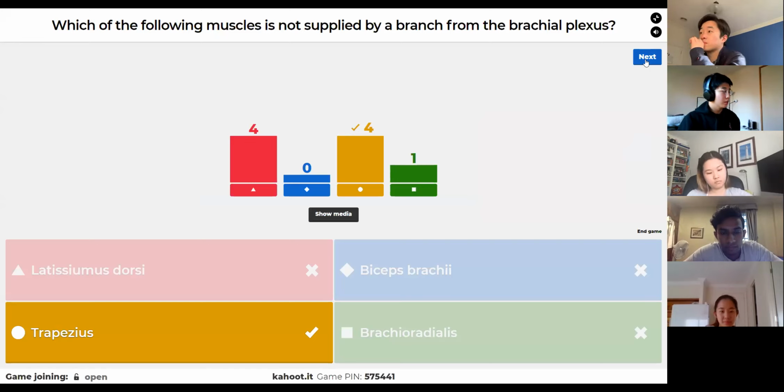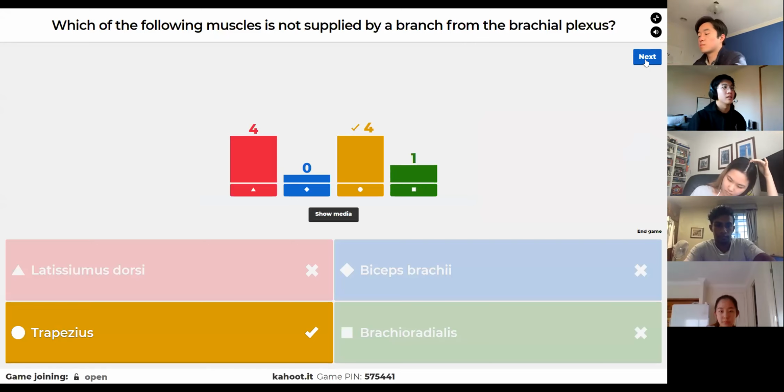With this one, we have either the lat dorsi or the trapezius, and trapezius is the correct answer here. Trapezius is supplied by one of your cranial nerves, which you'll learn next year. That cranial nerve is the accessory nerve, and that also supplies the sternocleidomastoid, which is in your neck.